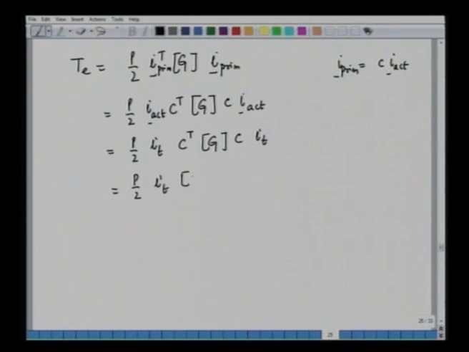C transpose is 1 1 and the G matrix is 0 0 MD and 0.